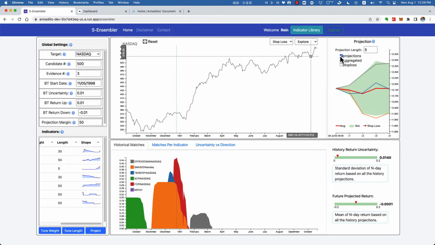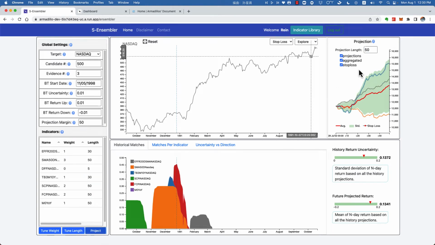And if we go into the trend of today in the history, we may see a downside pattern, which is marked by the blue line. If we look a little bit longer, for example, 50 days after that day, we may see a downtrend, and then it will go up.